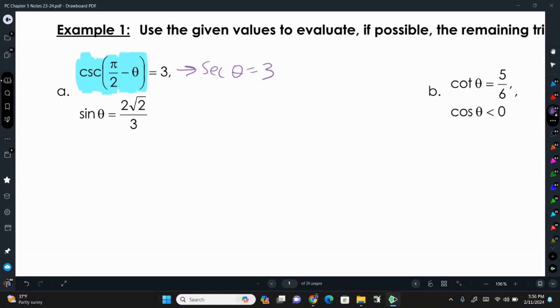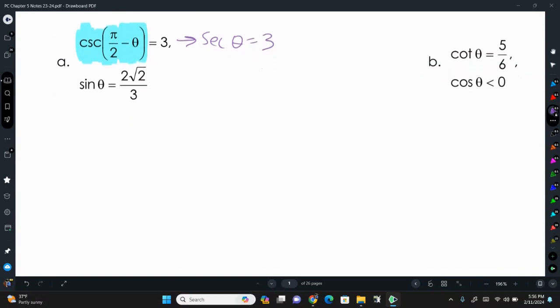So if we know the secant and we know the sine, we can use those two to figure out what cosecant is equal to and what cosine is equal to. We know that sine is 2 times the square root of 2 over 3. Then cosecant has to be sine flipped, so that's going to be 3 over 2 times the square root of 2.